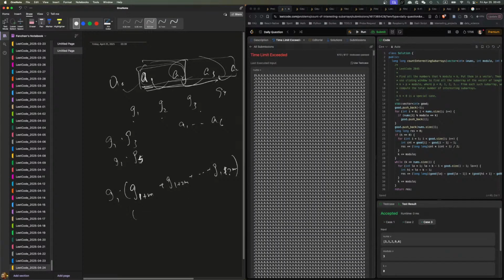In this case, M is equal to 2, because that's the length. So this is gonna be G3 plus G5 plus all the way to G something M plus 1, right?